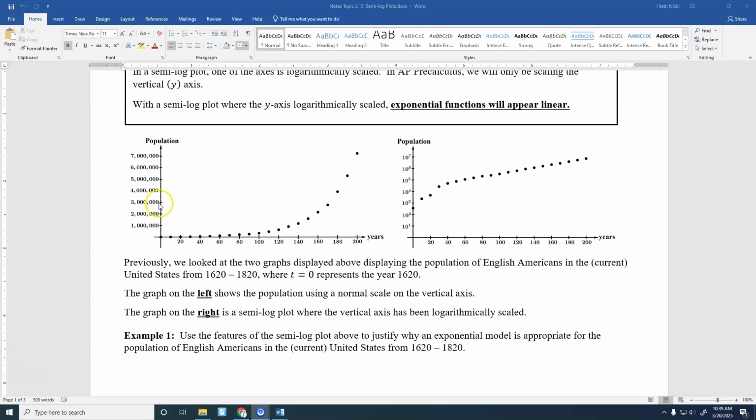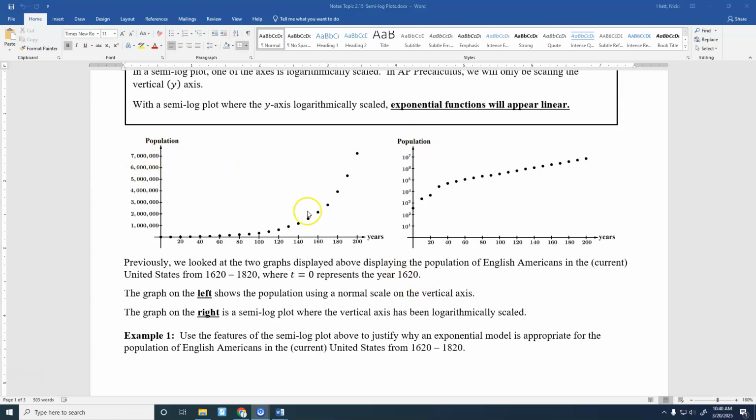So I got 1, 2, 3, 4, 5 million here, and this is the population of English Americans in the current United States. And it's from 1620 to 1820. So you're looking at the number of people of English descent that are in the U.S.